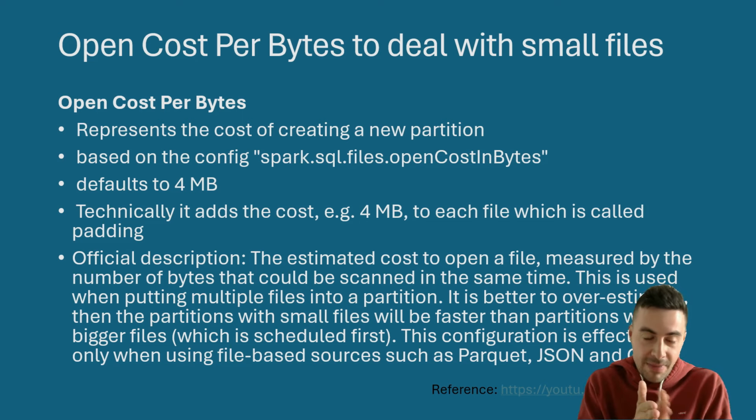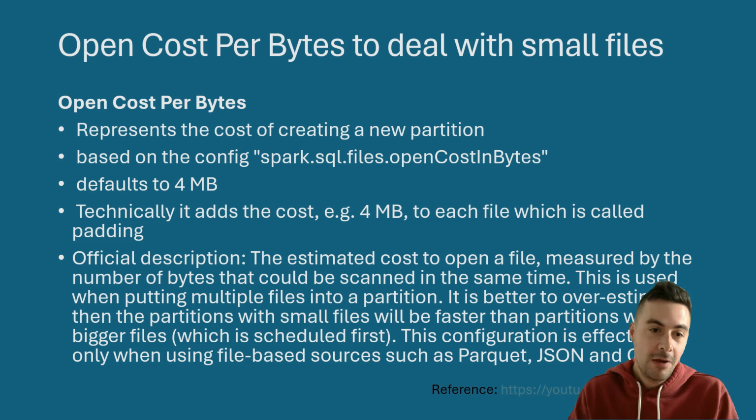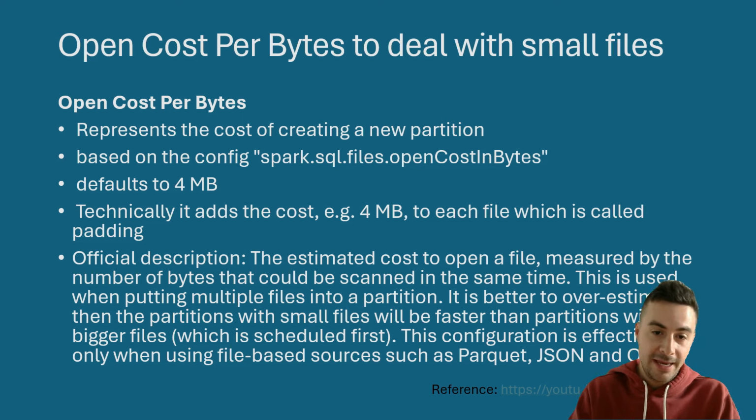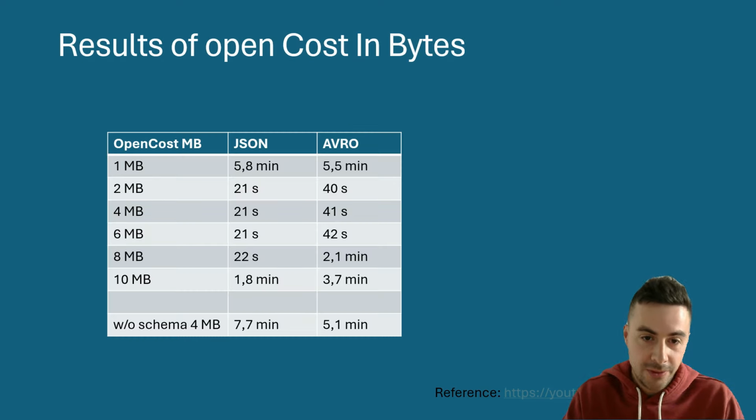But now we make the files, whether bytes or kilobytes, pretty much around 4 megabytes big. That means we are limiting it at 128 divided by 4, which is 32. Around 32 files would come into one partition. And this means per partition, per task, there's going to be less scheduling and work for the driver and for our cluster. It defaults to 4 megabytes, as you saw.